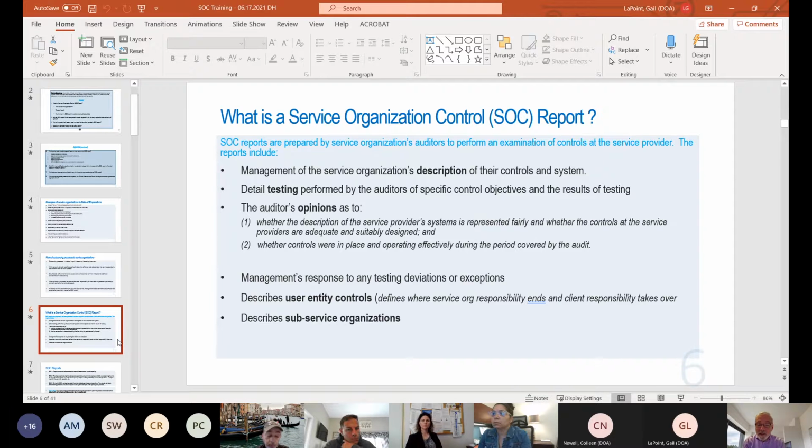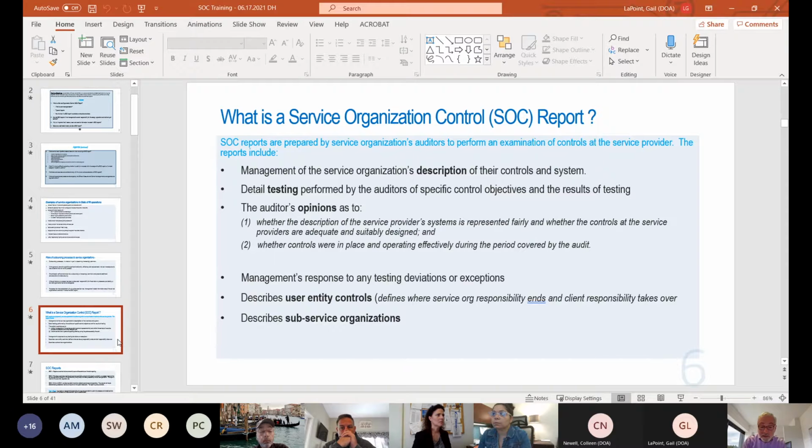So they are assuming that if they're told that a person is eligible for Medicaid, they're going with that. They have no responsibility to ensure that the person was eligible. So they would define user entity controls in that example and say participant eligibility is a user entity control. They're not assuming any responsibility, nor is it within their control structure to do that.